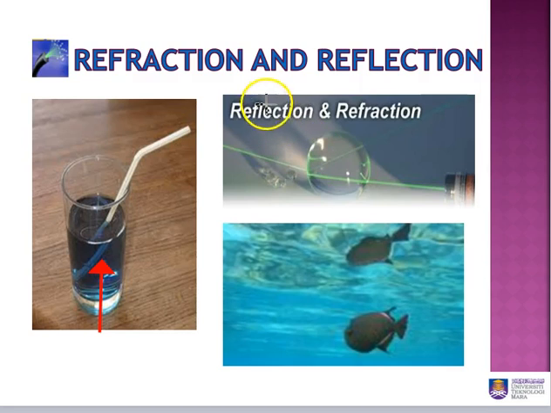You can see the refraction here and also the reflection here. The laser beam is shone into a blob of water, so you can see the refraction here and also the reflection here.